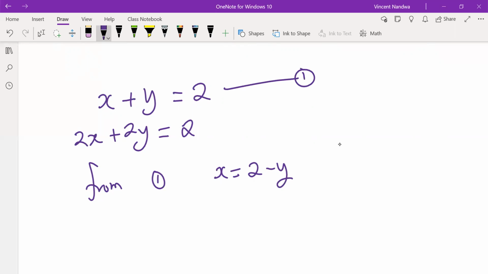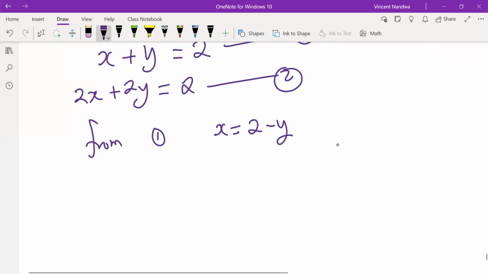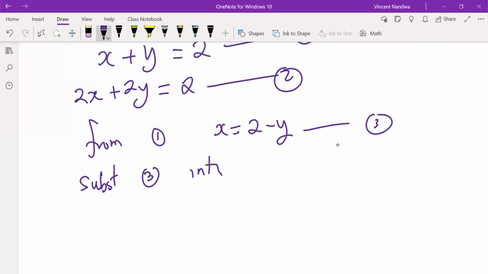Let's call this one 1, this one 2, and this one 3. So substitute 3 into 2. So that I will have 2 times (2 minus y) plus 2y equals 2.